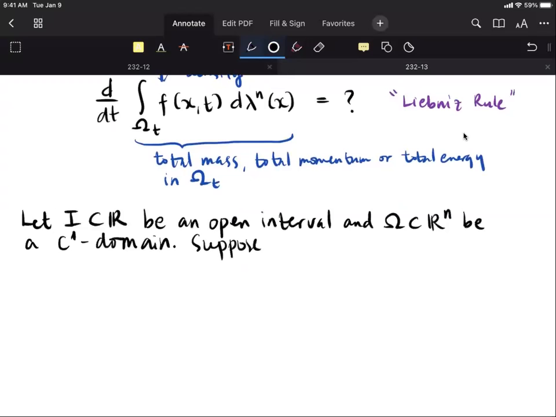Now, suppose that the collection omega t, so think of this as the transported reference domain with respect to the parameter t.